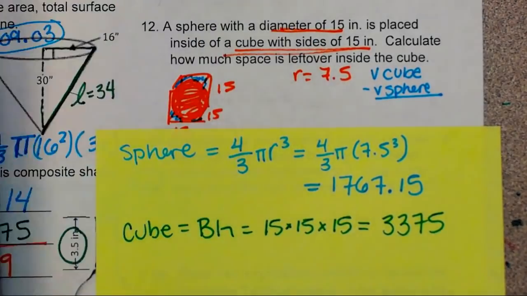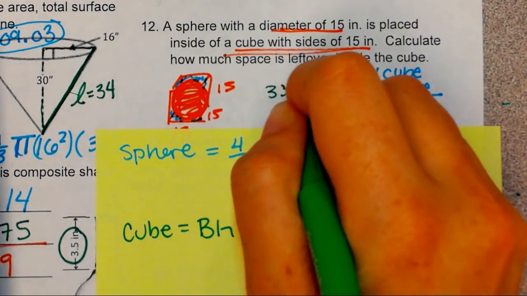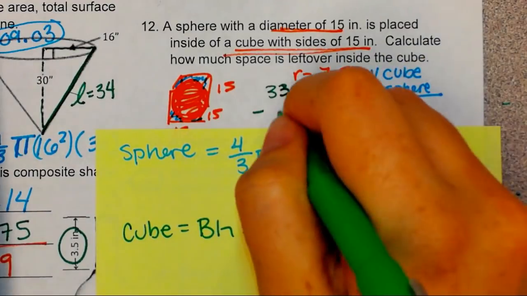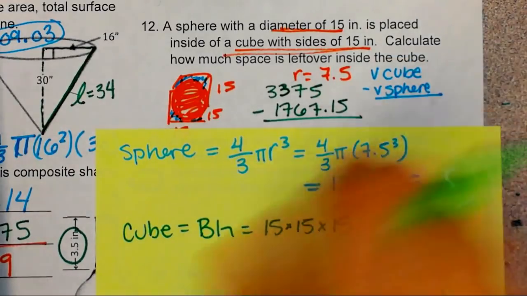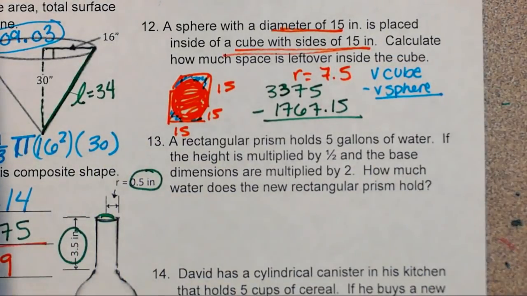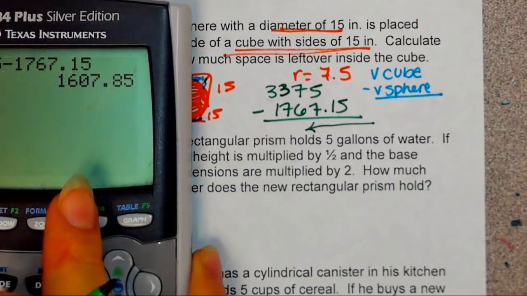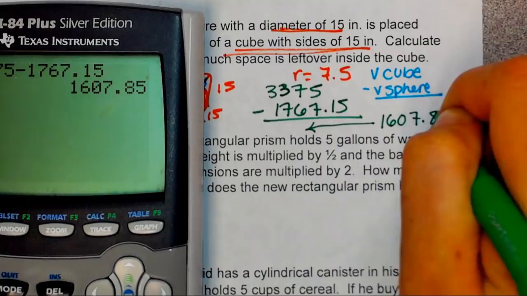So we're going to do 3,375 minus 1,767.15. So that is equal to 1,607.85.